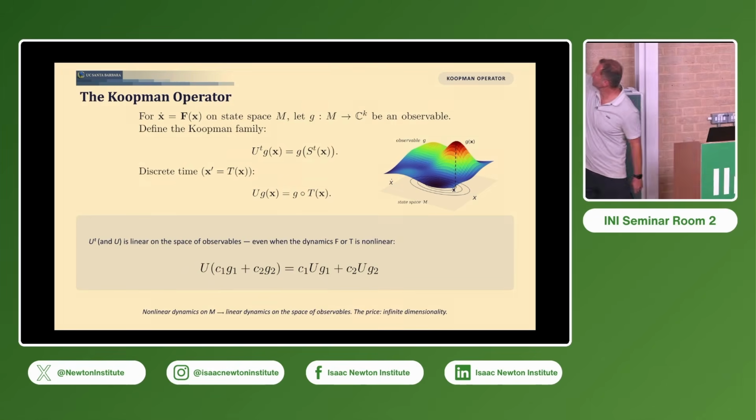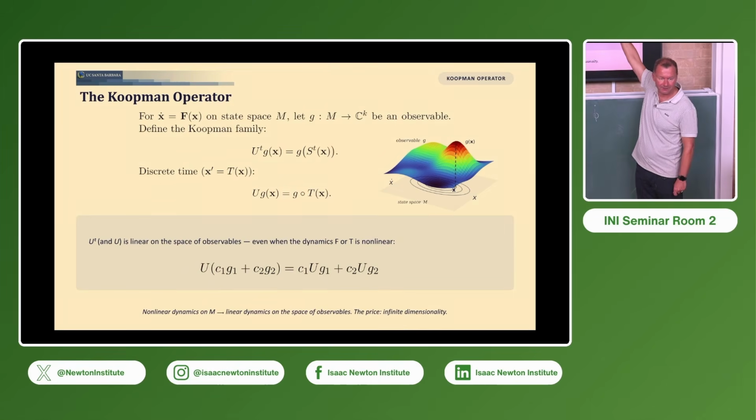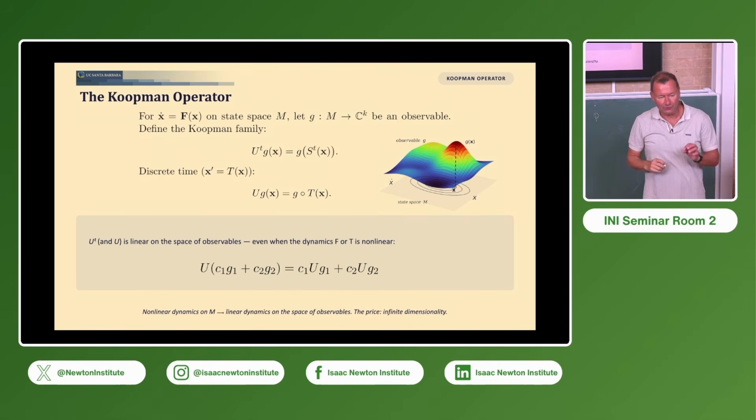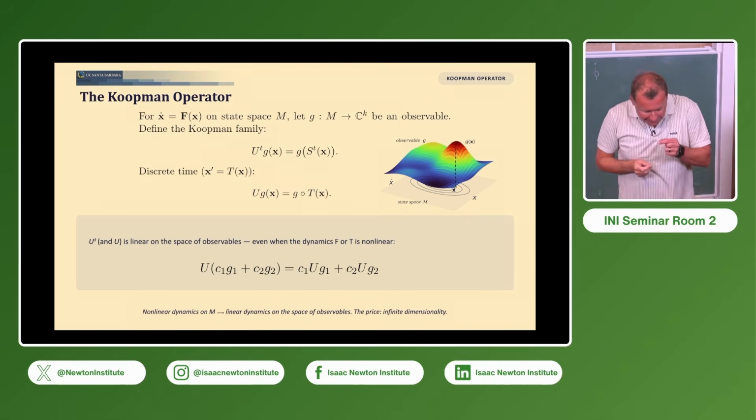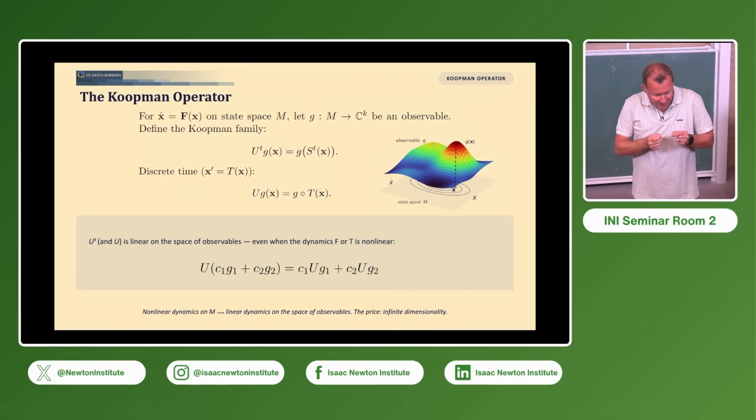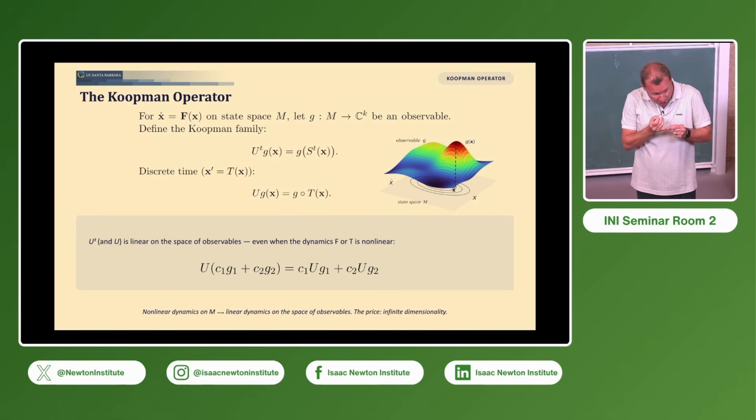It's just an observable. That's the picture that you can have in your mind. It's just a static object. What you're talking about is take an initial condition, find out how much the function changes in the direction of the vector field, and make that change, pull it back to the initial condition. So an eigenfunction is a static object. Yeah?